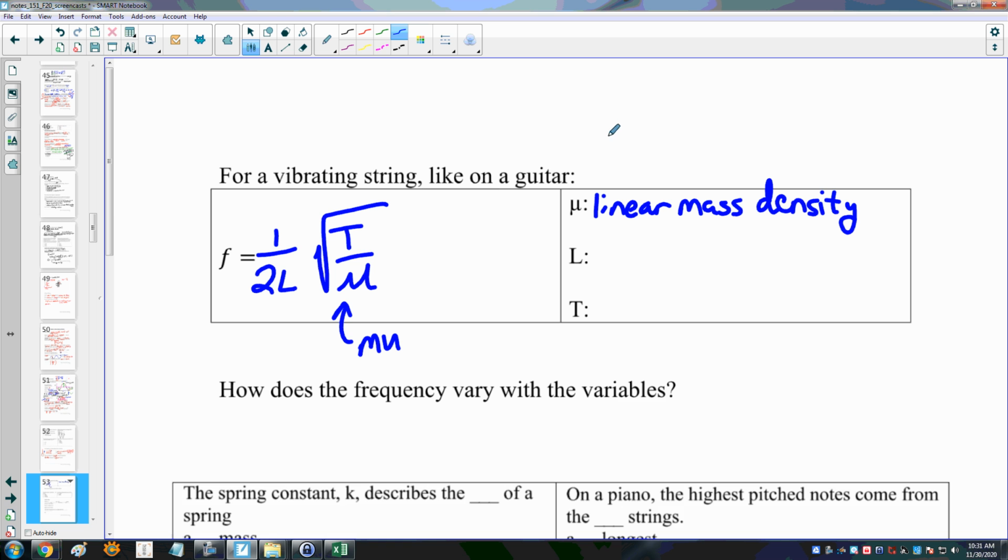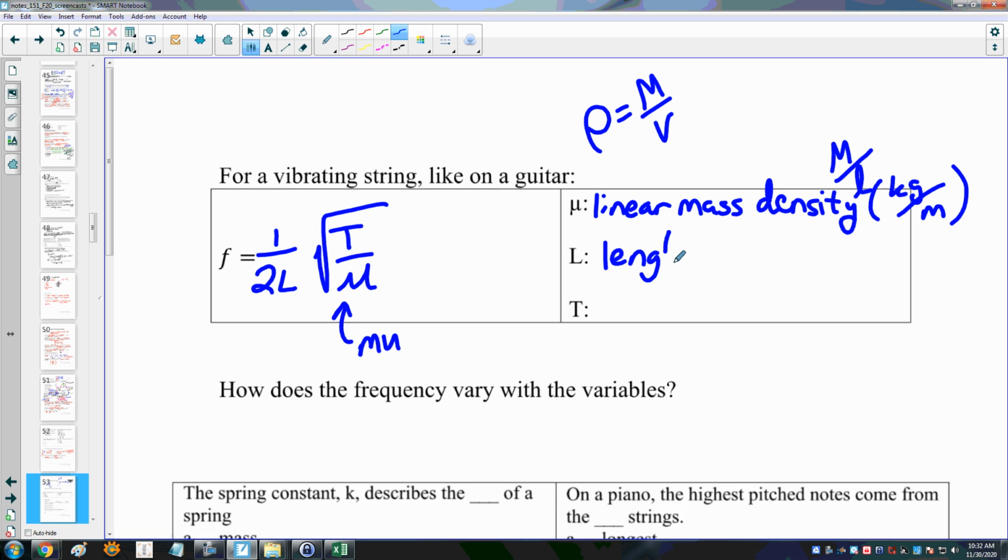We've seen volume mass density, right? Rho was mass per unit volume. The linear mass density is in units of not kilograms per cubic meter, but kilograms per meter. So this is a mass over the length. L is the length of my vibrating string, and T is the tension.